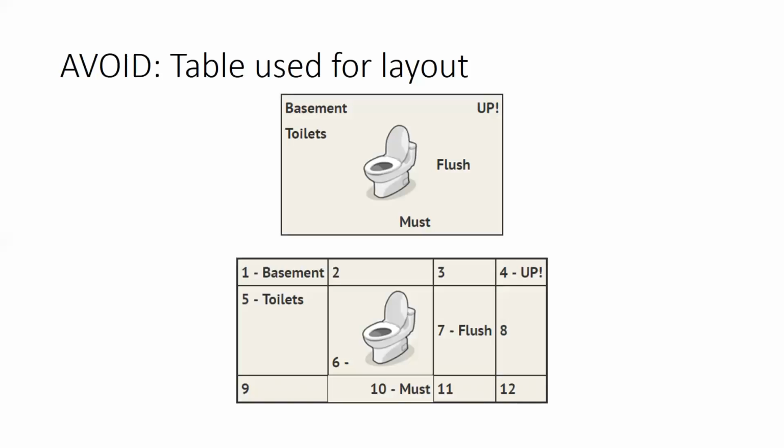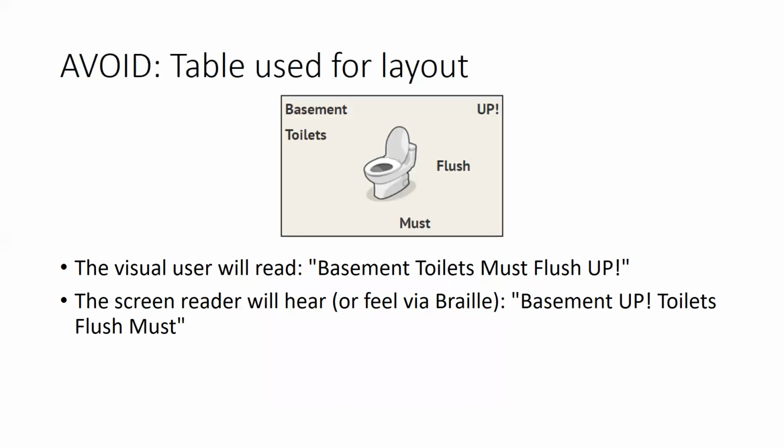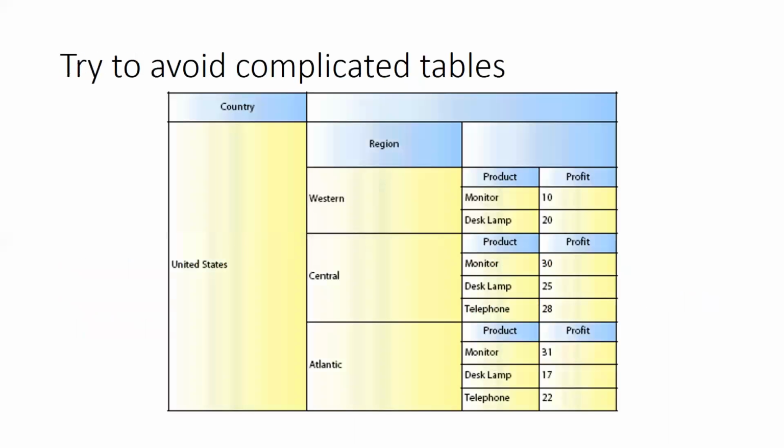But the way this is going to read is left to right, top to bottom. So it's going to read that it's a table and also basement, blank, blank, up, toilets, flush, must. So that isn't going to be too helpful for a student using a screen reader. So just use the formatting built in and it's going to be a lot better.